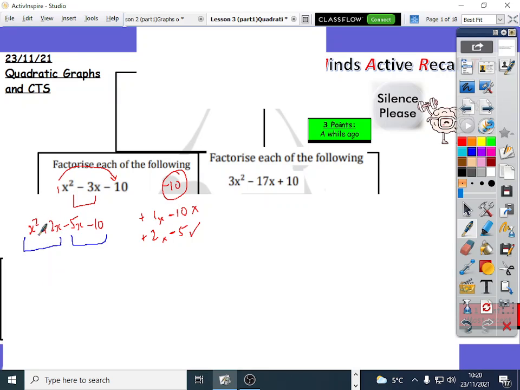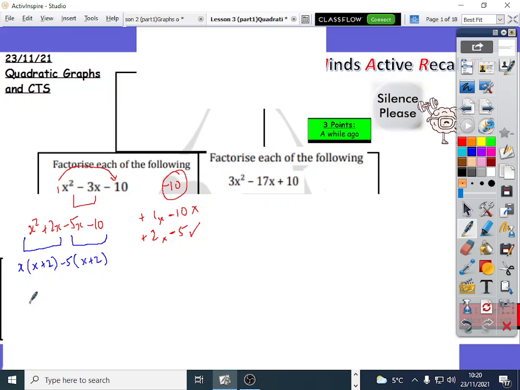So if I factorize this one, I get x out. X is the highest common factor there, and in the bracket I get x plus 2. Now, if I factorize this, I'm going to take minus 5 out, and that's the highest common factor, so I've got x plus 2. Note what I was saying before, this has a common factor of x plus 2.